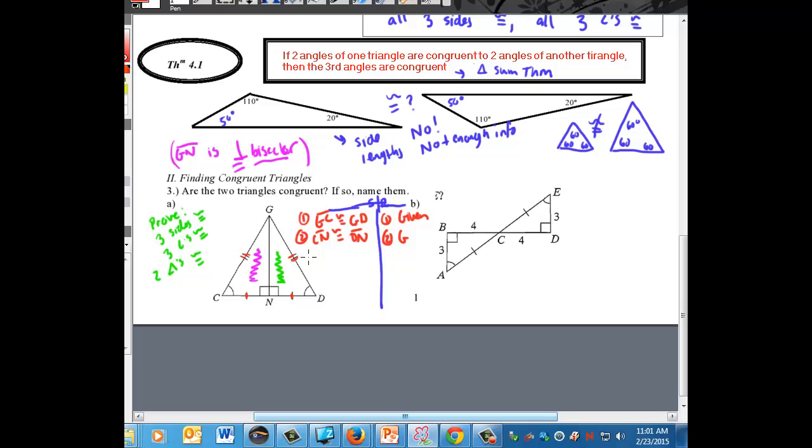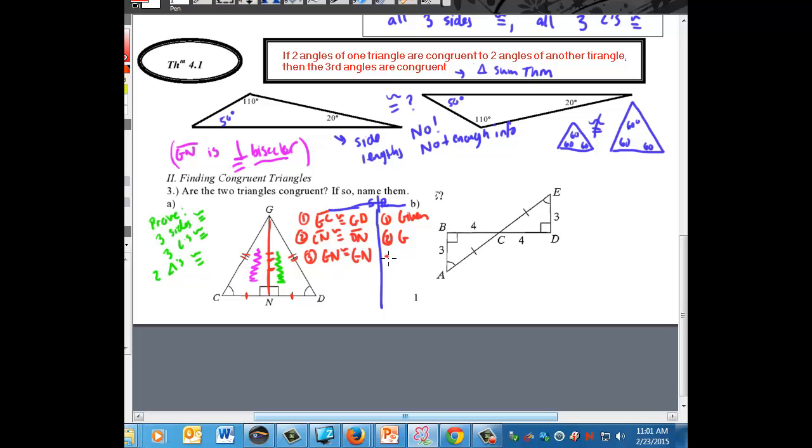We need to prove that a third side is also congruent, and we can do that. Go ahead and put 3 marks on GN. The reason I'm doing that is you see how GN is shared by both triangles. So what I can say is that GN is congruent to GN.